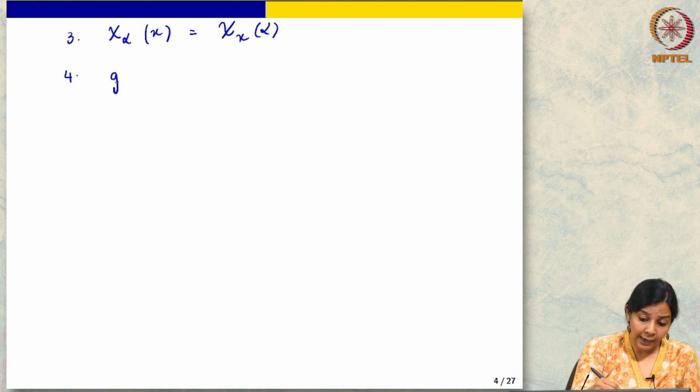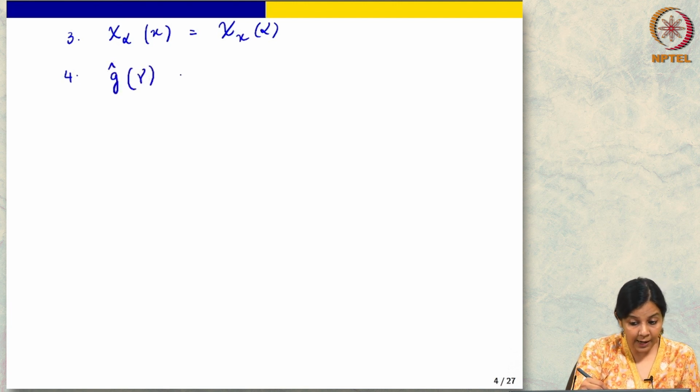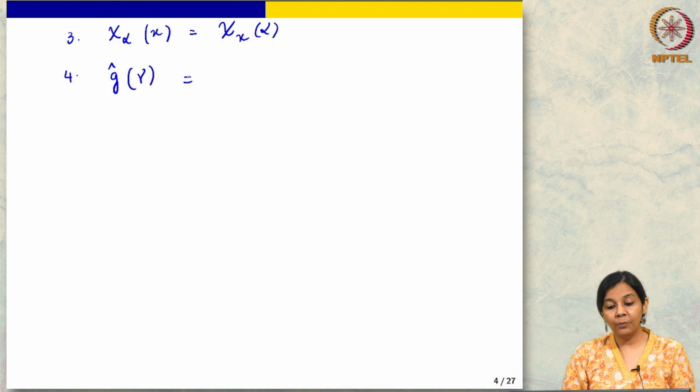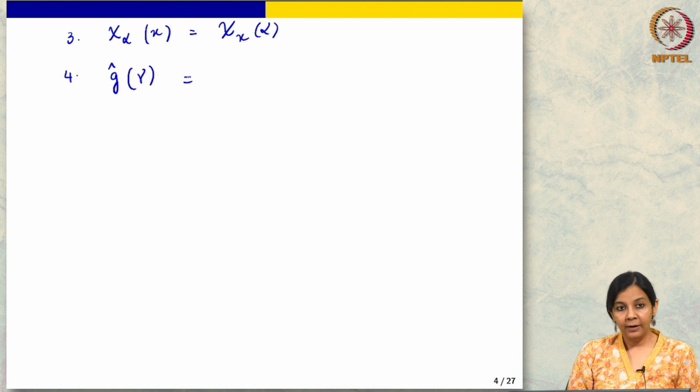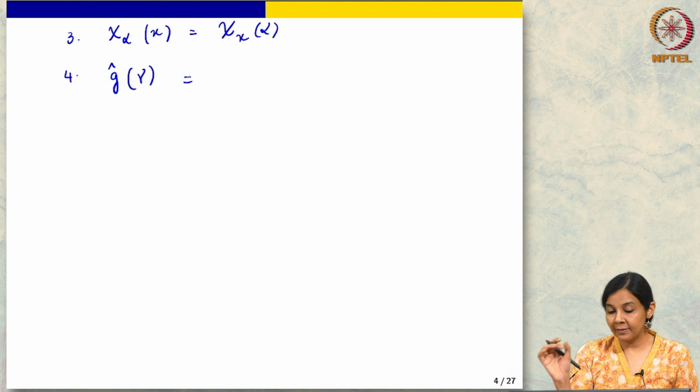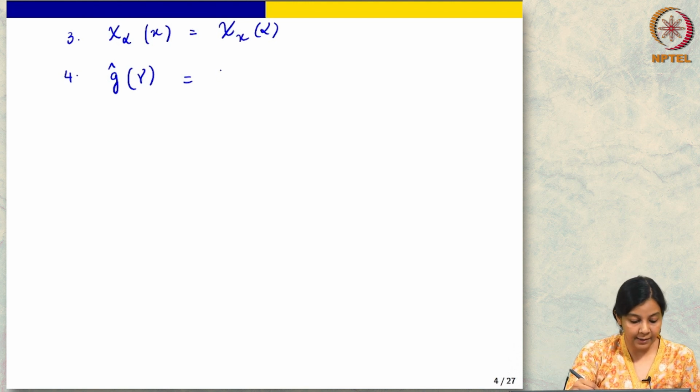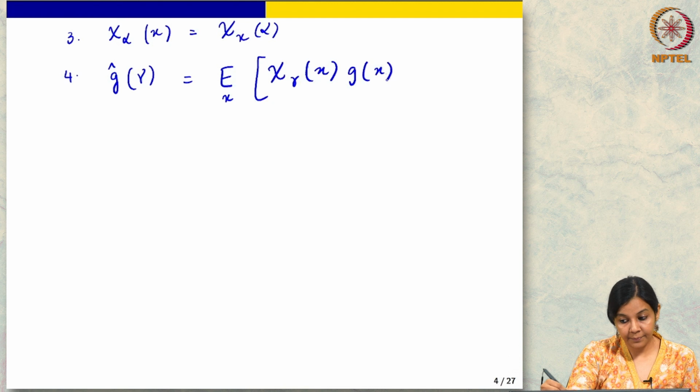Now, an important property that we saw last time was how you compute the Fourier coefficient. For chi gamma, what is the Fourier coefficient when I write G along this basis? Very good, that is exactly right. Akhil said it exactly right. This is expectation over x chi gamma x Gx.